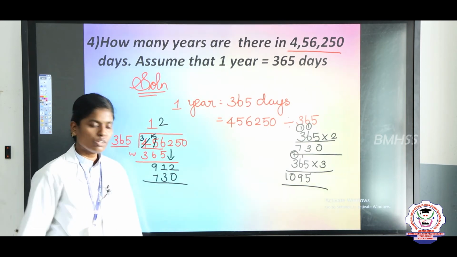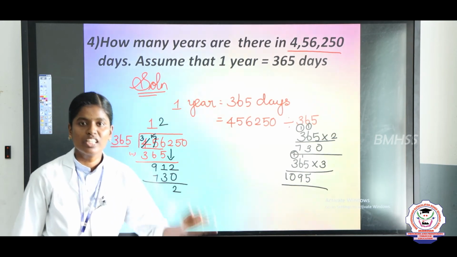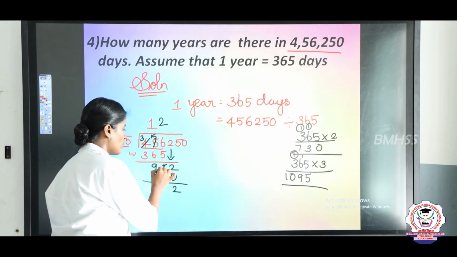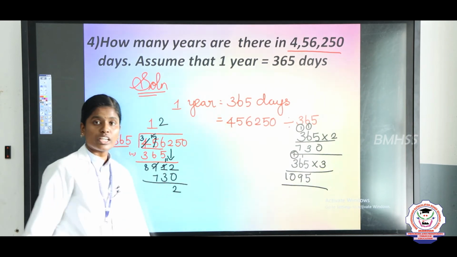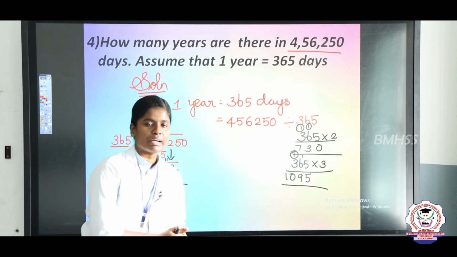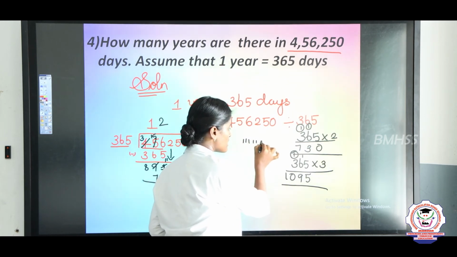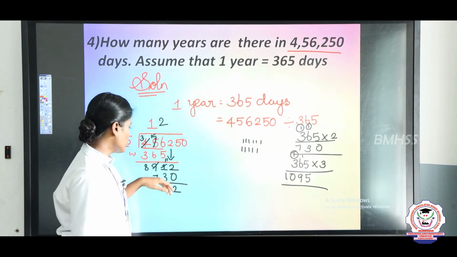2 minus 0, the answer is 2. The next one, 1 minus 3, this is not possible, right? So 1 changes into 11, 9 changes into 8. Now 11 minus 3. So put 11 lines, 1, 2, 3, 4, 5, 6, 7, 8, 9, 10, 11 lines, and strike out 3 lines.